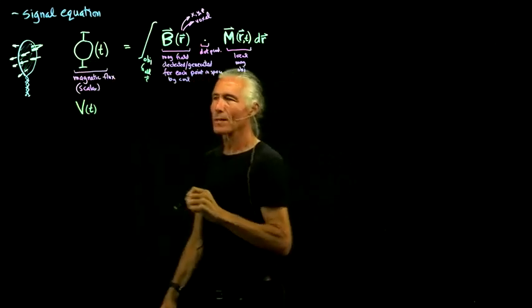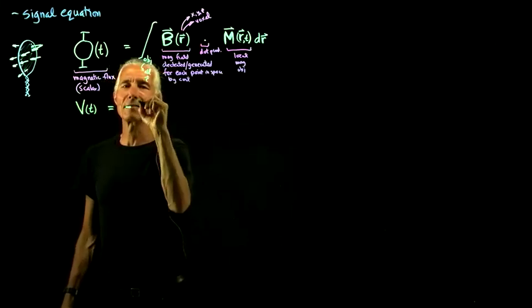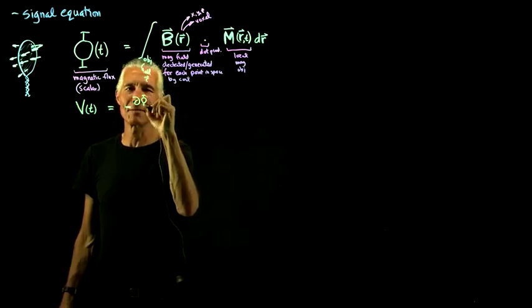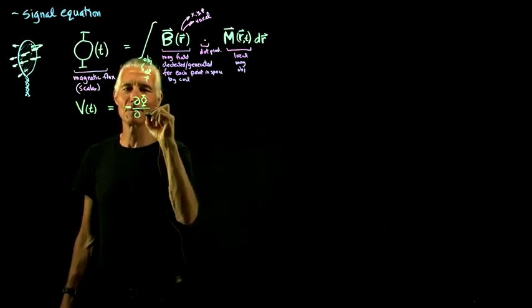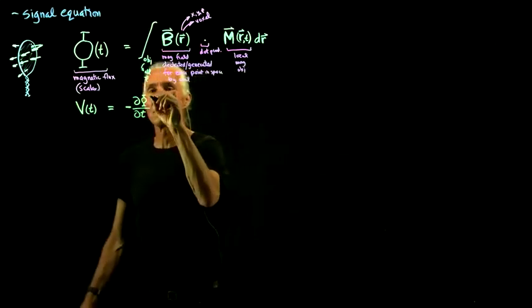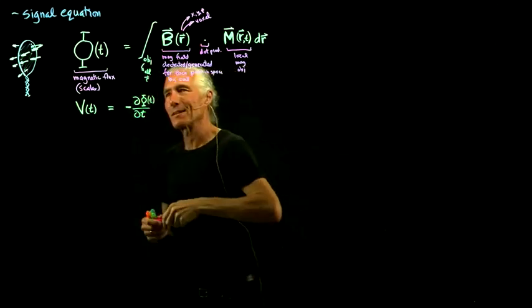The voltage over time is equal to the negative of the partial derivative of the flux. Okay, so now we introduce one more thing, the partial derivative. So here's that flux now. It went over here.